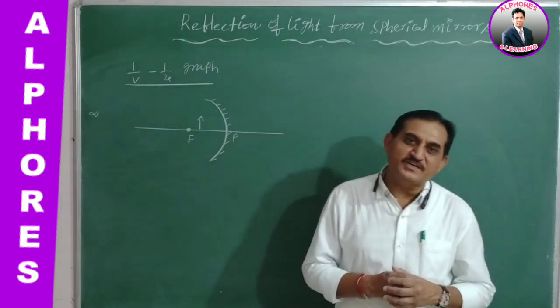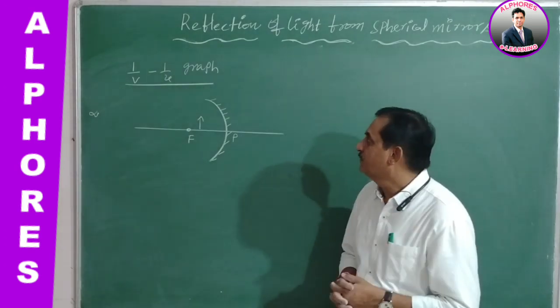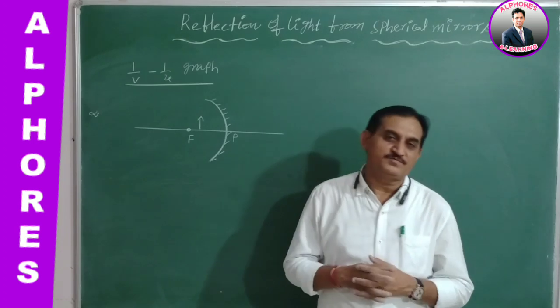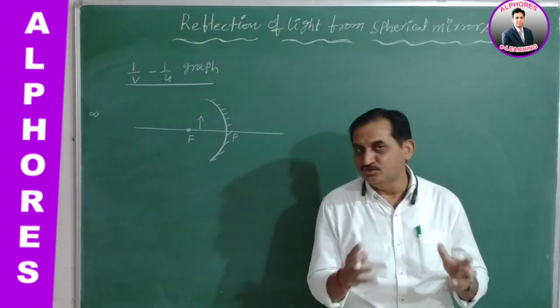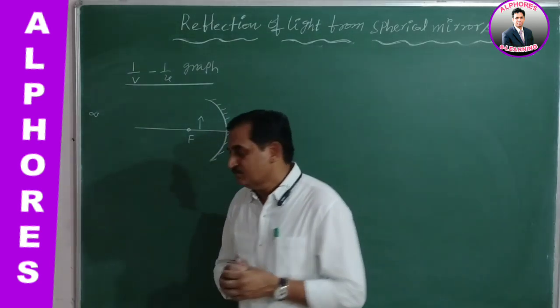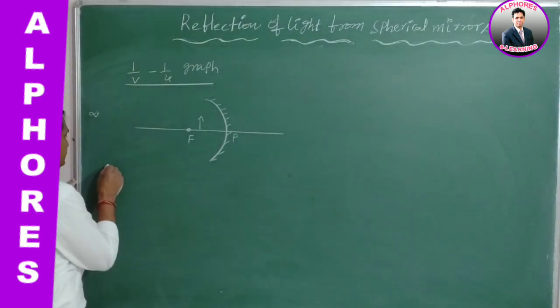So these are the two cases under which we discuss the 1 by V, 1 by U graph and also the UV graph.